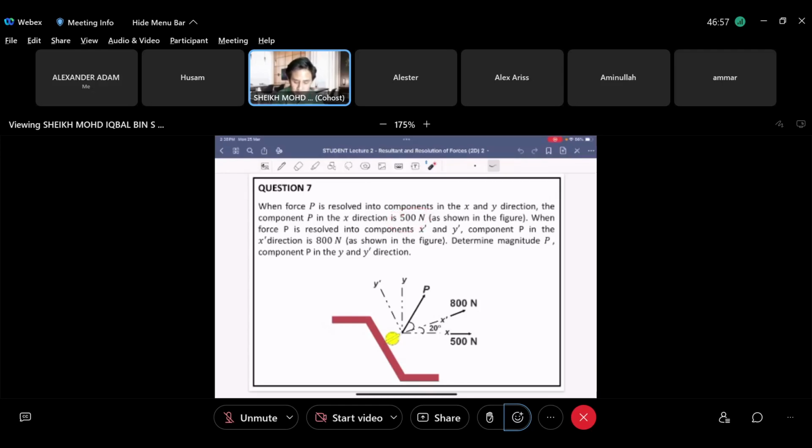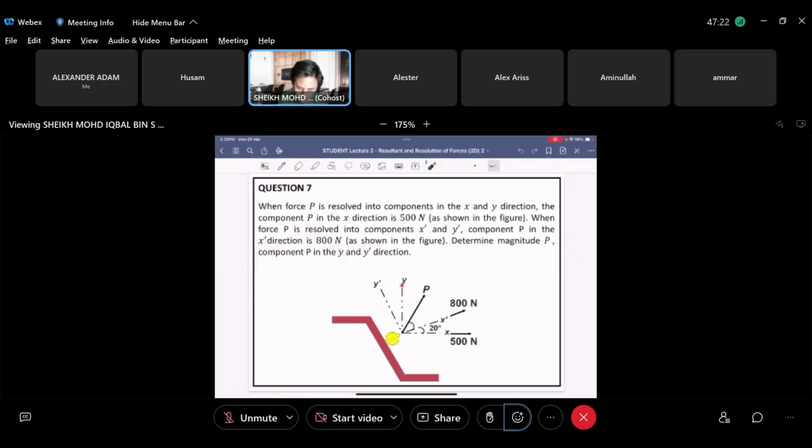So the key word here is resolve, right? Whenever you see or hear the word resolve, it means a resultant force is currently broken apart into two. All right. Component P in the x prime direction is 800 Newton. Determine the magnitude of P components in the y and y prime direction, right?